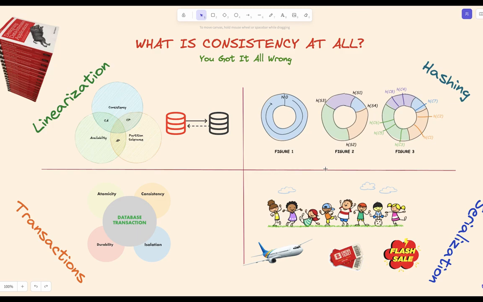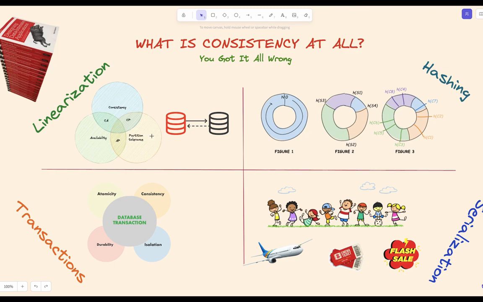So the very first scenario where we use consistency is when we want to refer to something called linearization. Now, what exactly is linearization? You are definitely aware of the CAP theorem. We have consistency, we have availability, we have partition tolerance, right?